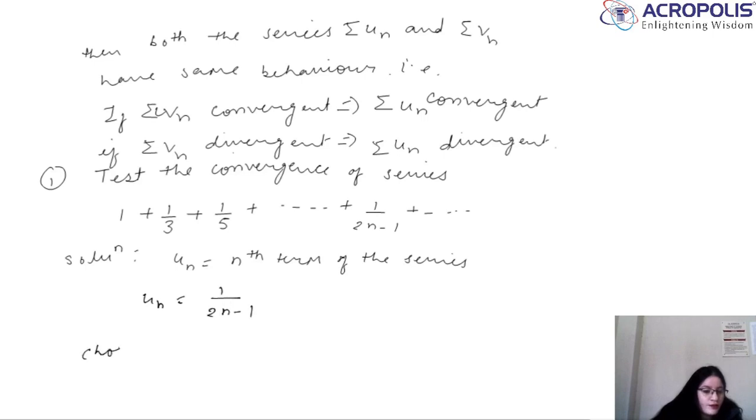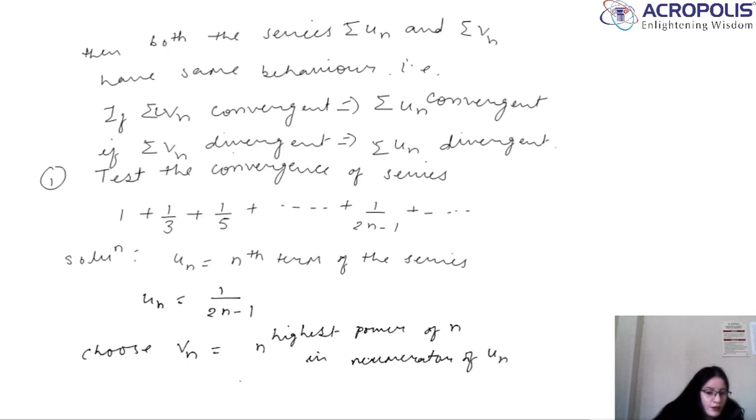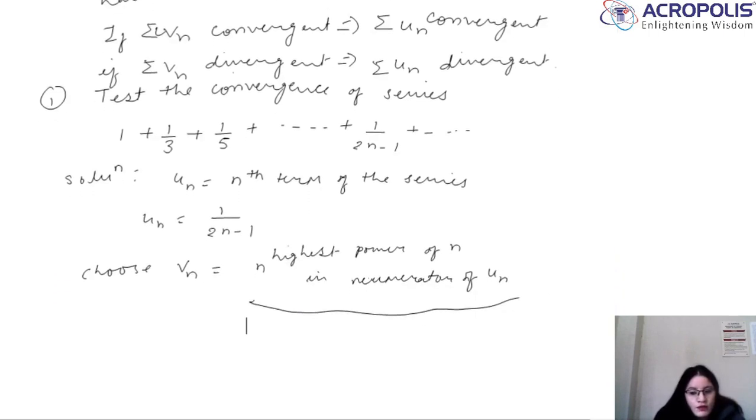Now choose vn. Here vn is equal to n to the power of the highest power of n in the numerator of un, divided by n to the power of the highest power of n in the denominator of un.